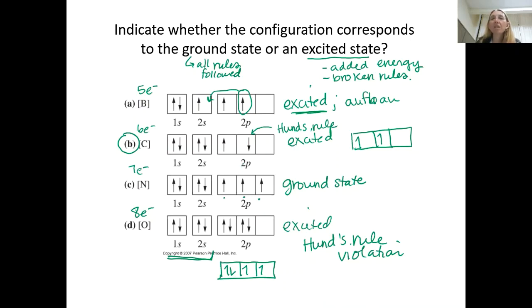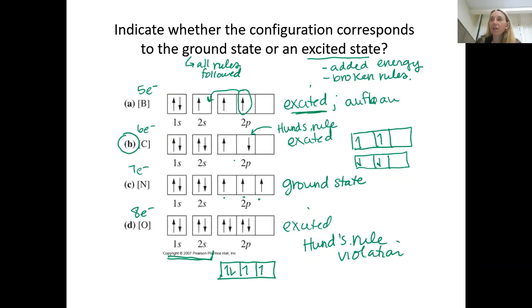You have to keep the arrows consistent. So like with this carbon right here, what I could do is draw these 2 arrows down, and that would be okay too. Either of those are okay, but I just can't have one up and one down in these degenerate orbitals, the orbitals with the same energy.